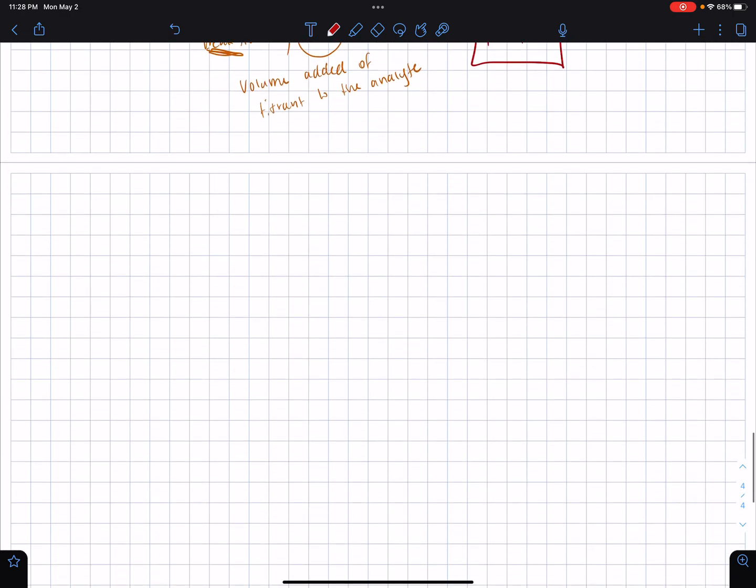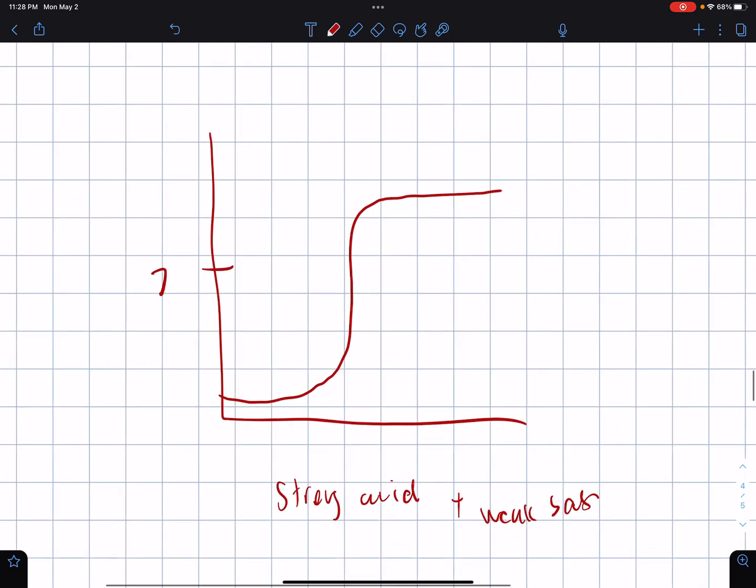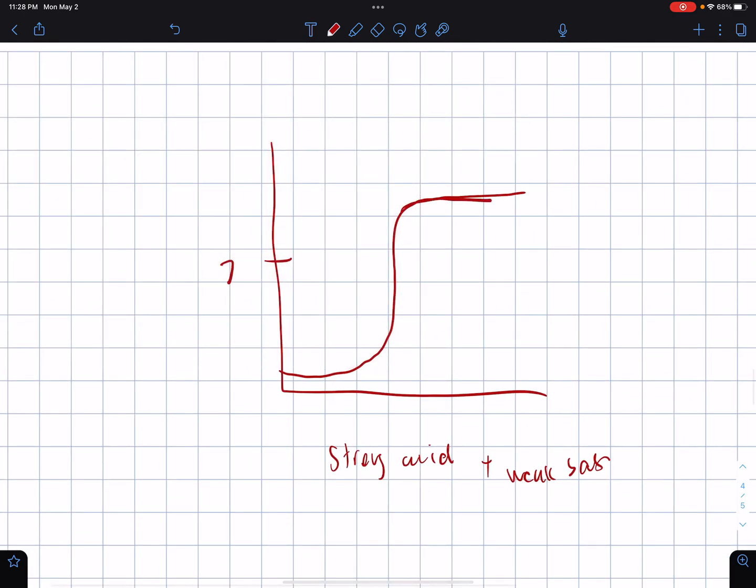So let's look at another titration. Let's say we have a strong acid, but a weak base is added to it. So now we are starting off strong. We're a strong acid, so we're going to be closer to 1. And we're ending a little closer to 7 for the base because we have a weak base.